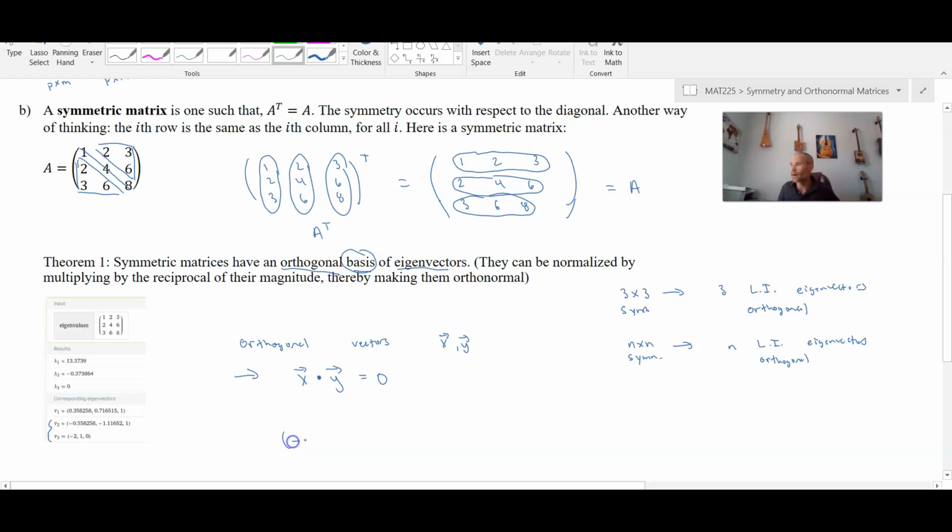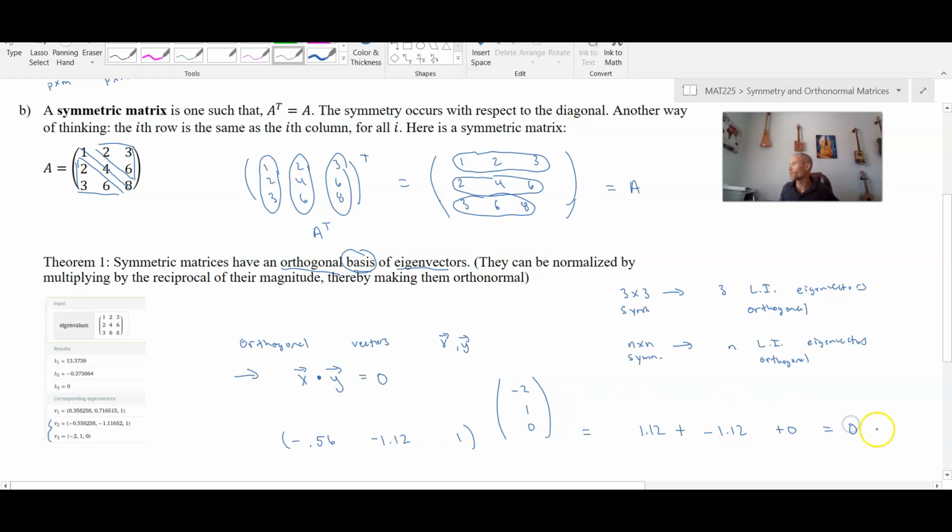So to take the dot product, I'm going to approximate this as about negative 0.56, negative 1.12, and 1. If I dot that with negative 2, 1, and 0, I'll get negative 2 times negative 0.56, which comes out to 1.12, plus 1 times negative 1.12, which is negative 1.12, and 0 times 1 is 0.